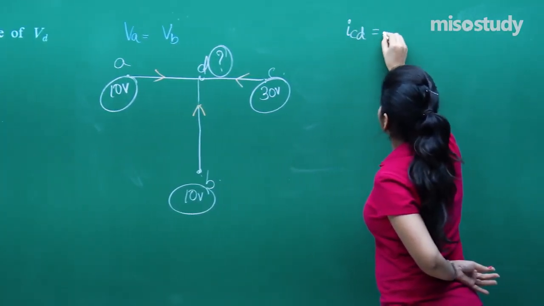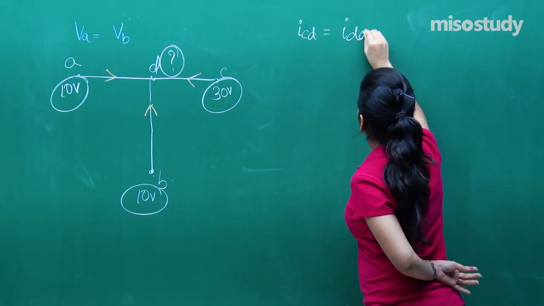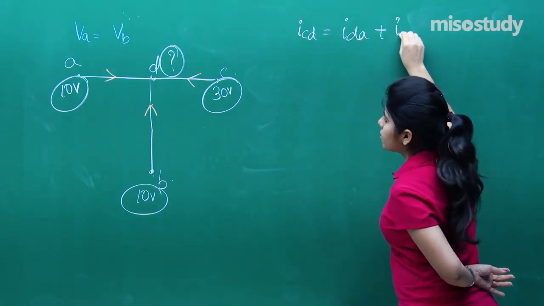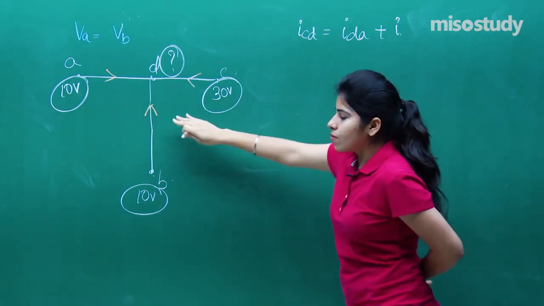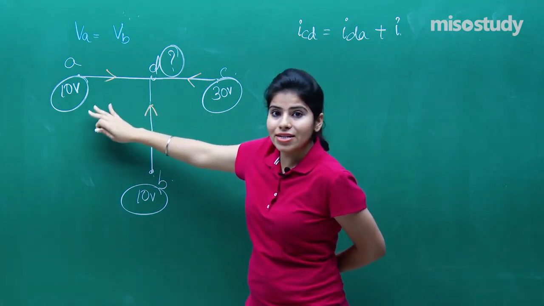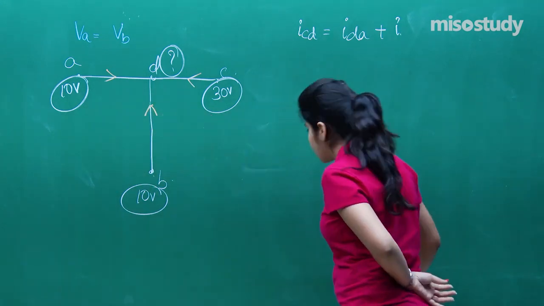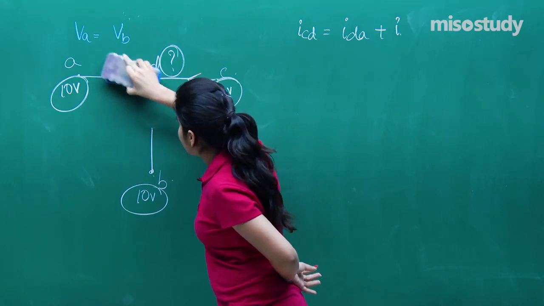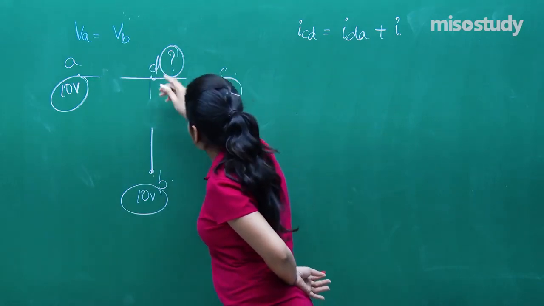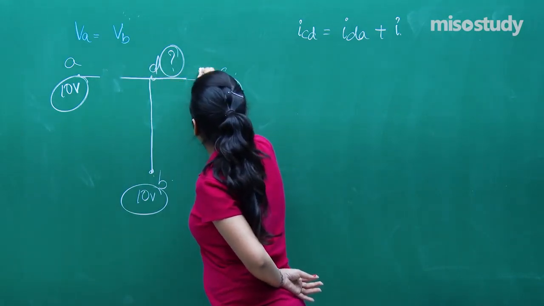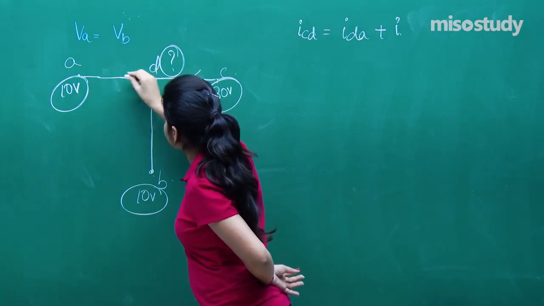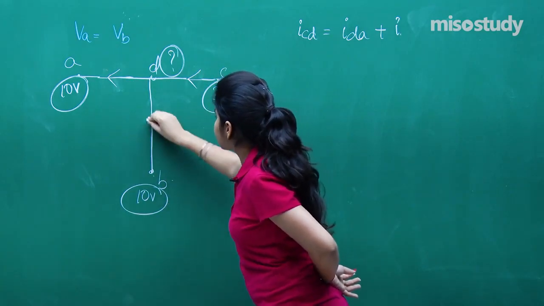So that means I am going to write it like this. ICD equals IDA plus I. Okay, let me just tell you, this was the condition that I have drawn earlier. These were not the correct arrows. The correct arrows were in the figure that I have deleted right now. It was like this.